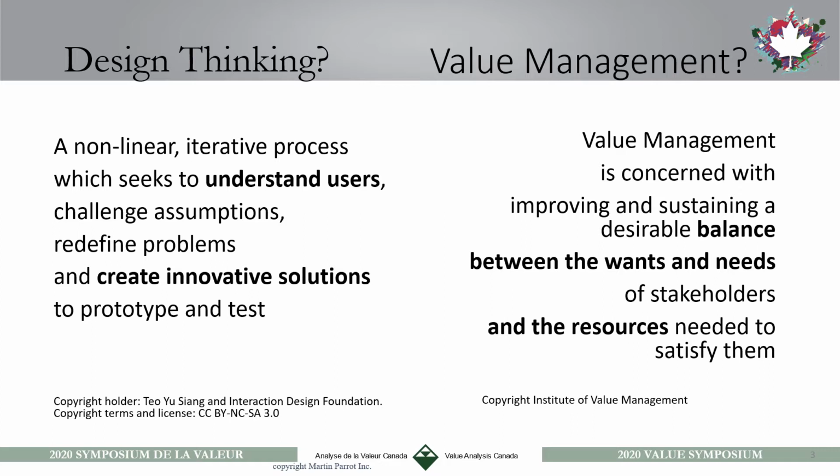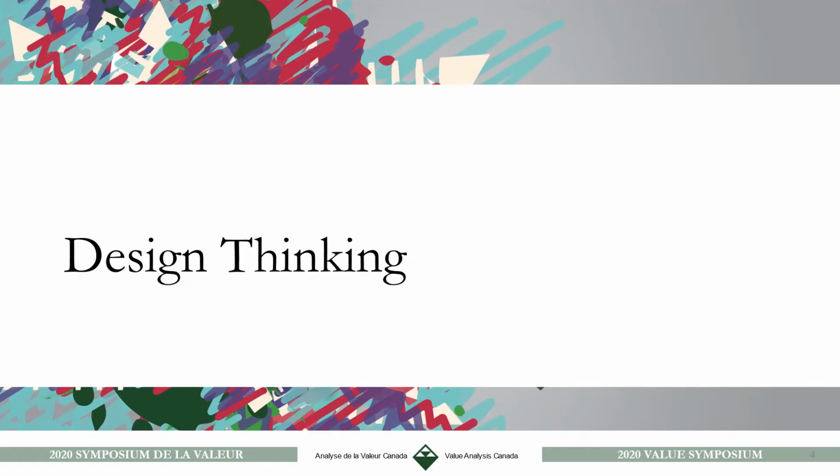So the resources can be time, it could be money, it could be weight, it could be a few things that can be involved in the process. And we are trying to balance that with the needs we're going to satisfy with the solutions. So let's look first at design thinking in a bit more details.